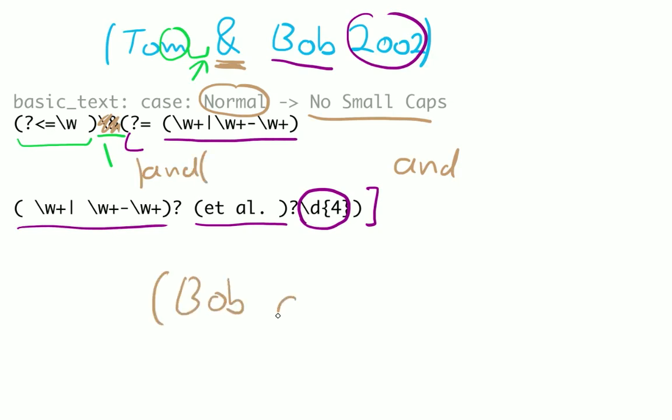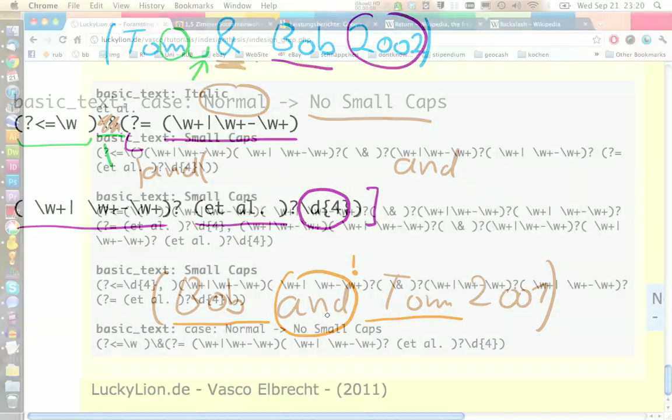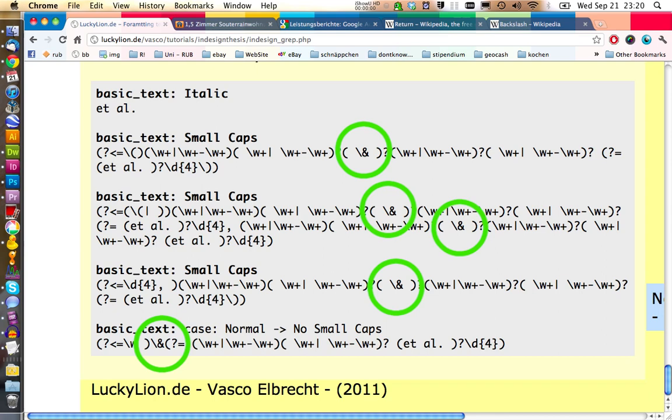And if you would have a citation that has an and in it, InDesign would use the other GREP styles to format these parts in small caps, but the and would be excluded and would stay a normal and. However, if you replace the and symbol by the written and, you need to make sure to replace the and symbol in all other GREP styles as well with the written and.